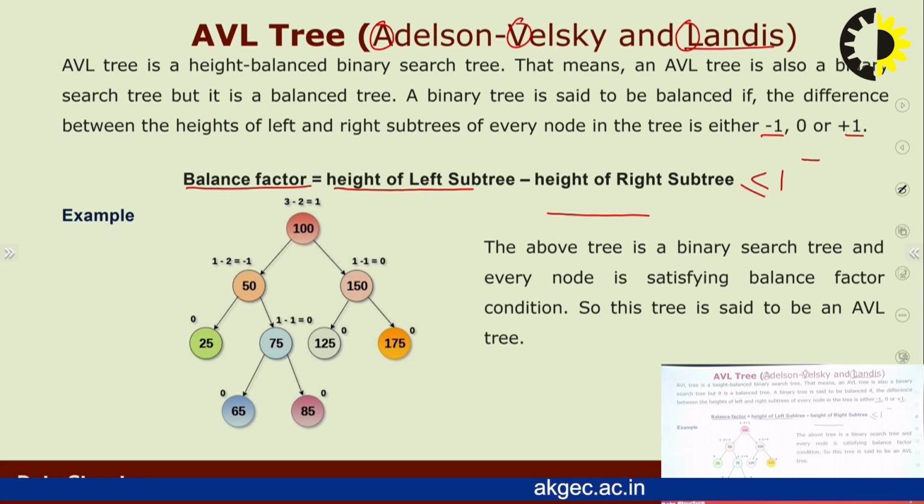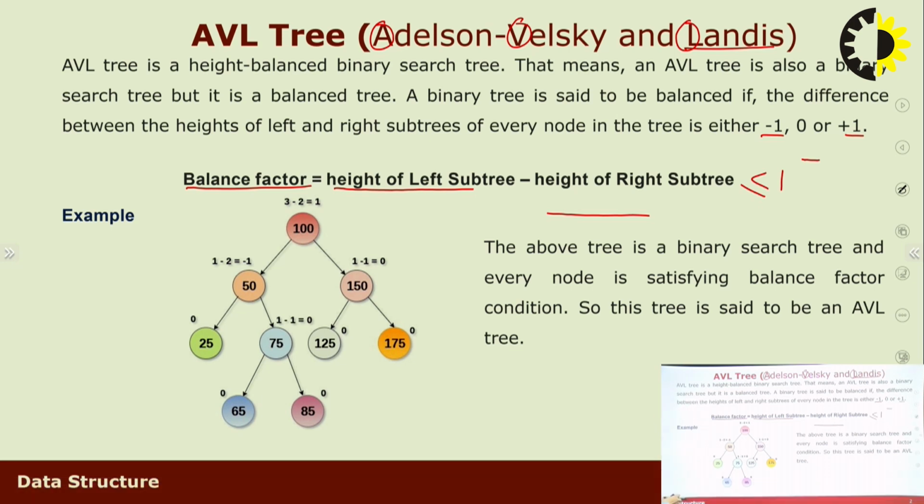For example, this is a binary search tree. What is the property of a binary search tree? A tree is called a binary search tree if the value at each node is greater than the values on its left side and less than the values on the right side. We can check here in this example.